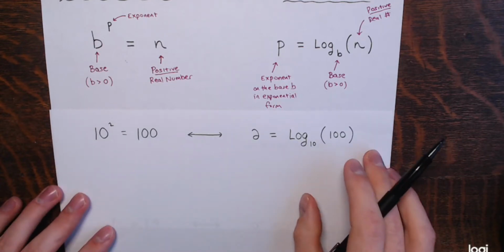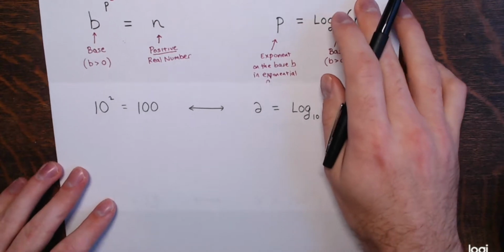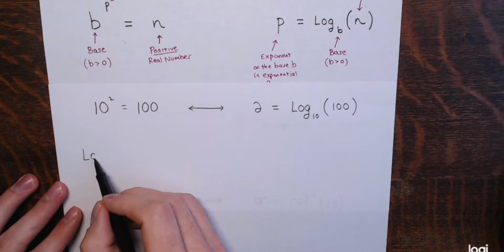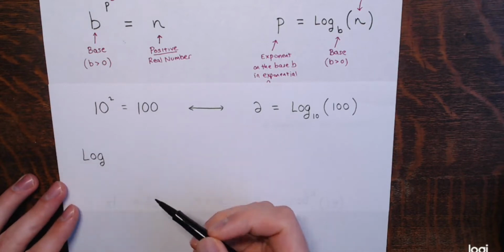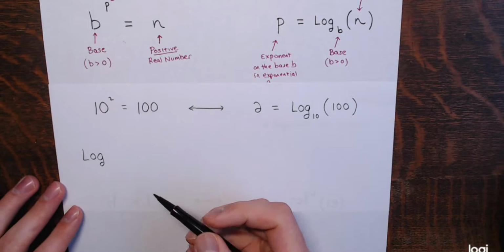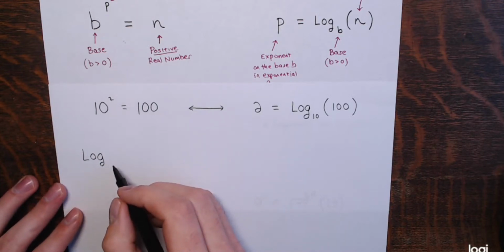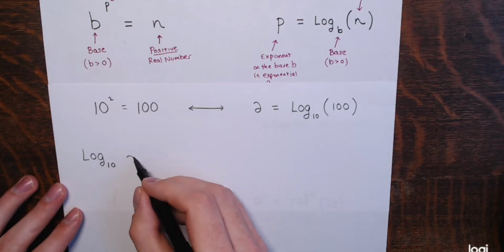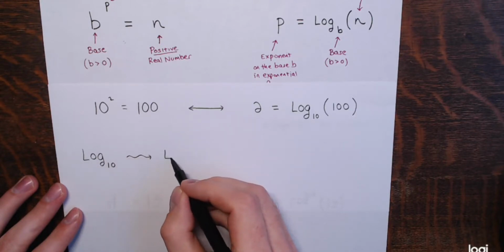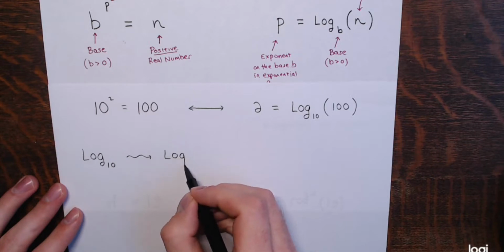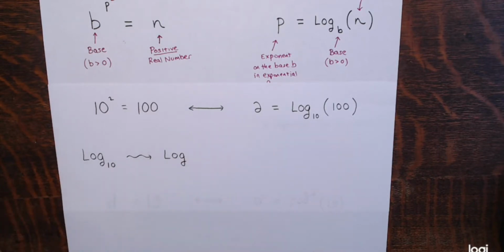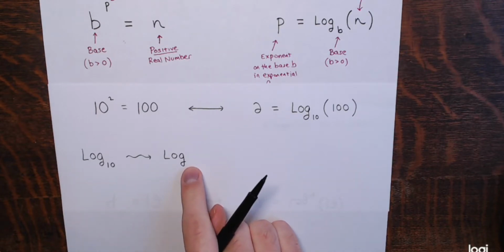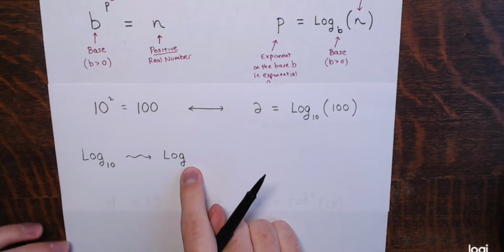Now, one thing I do want to point out here that's also new, very often, log base 10, because you work with decimal numbers quite often. Almost every number we ever see is a decimal number, base 10. Log base 10 is very often just written as log, just log. So that means if there's no base, if there's no little number underneath the log, it's base 10.